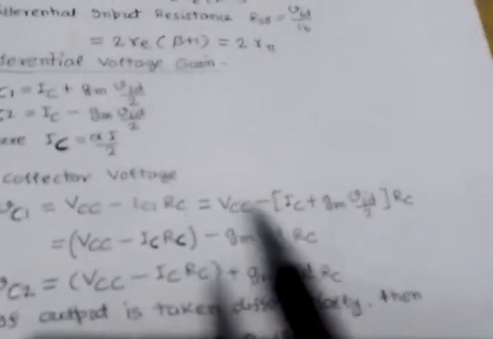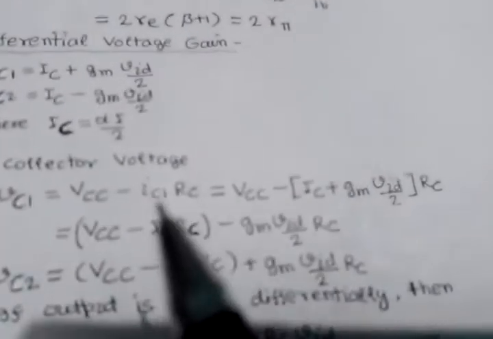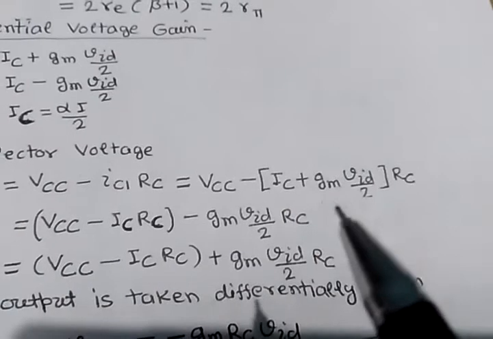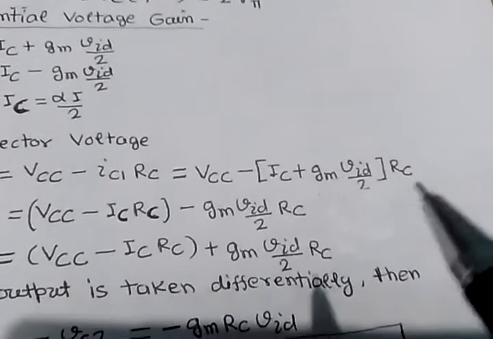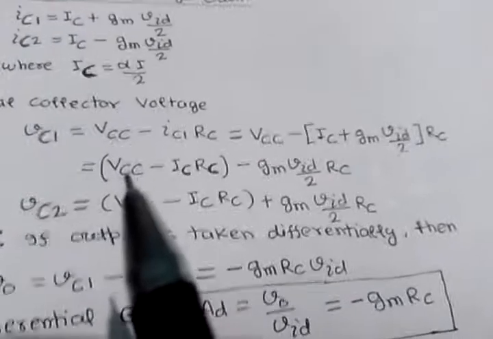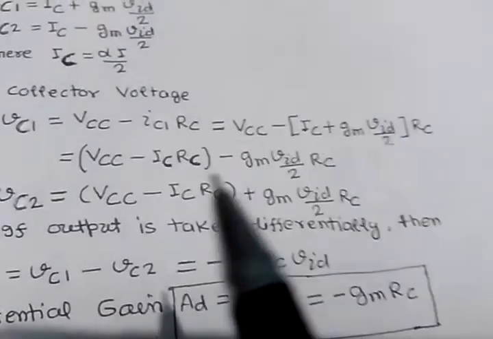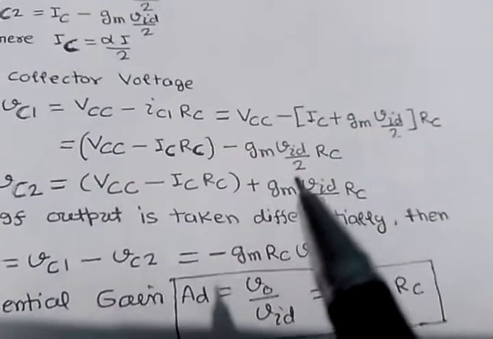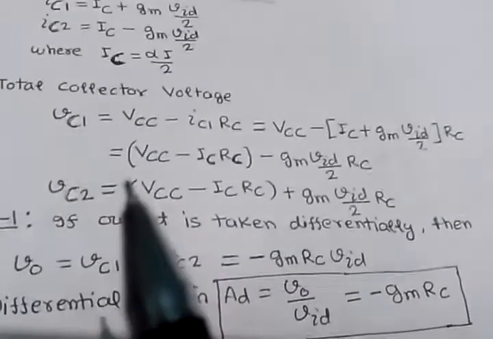VCC minus, put the value of IC1 here, like this, IC plus GmVID by 2 into RC. Now expression can be written as VCC minus ICRC minus GmVID by 2 RC. This is the total collector voltage.